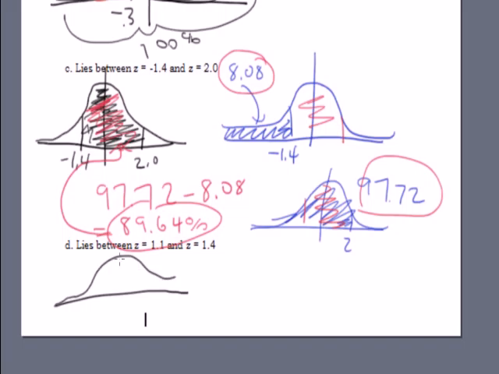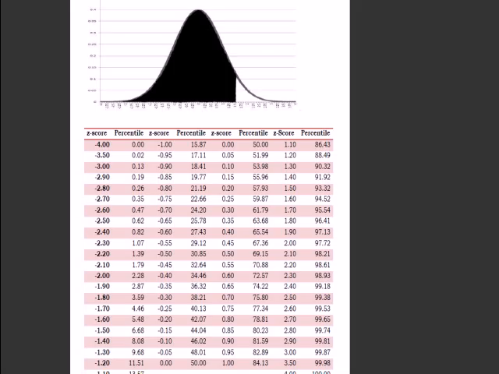Same basic idea. On D, between 1.1 and 1.4, this amount here, I'm going to look up the value in the z-score table for 1.4, and I'm going to look up the value for 1.1 and just subtract them. So the 1.4 value should be 91.92.